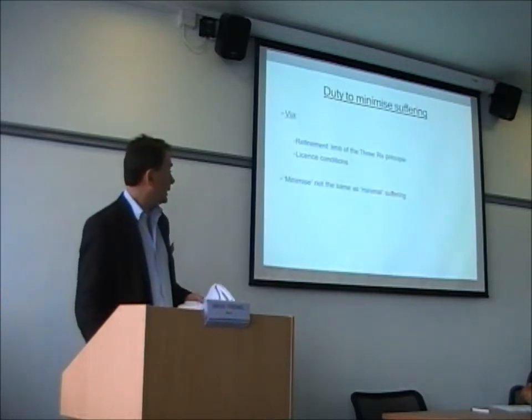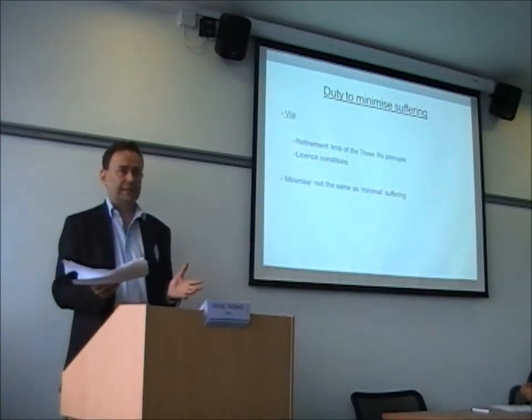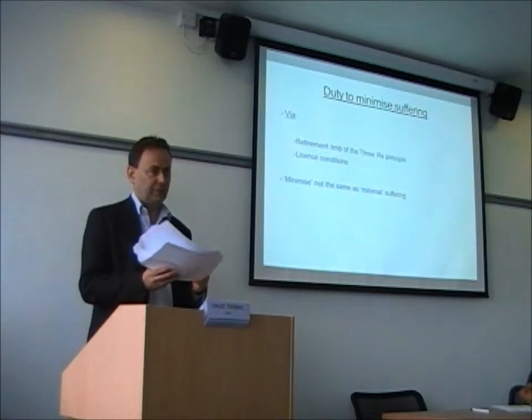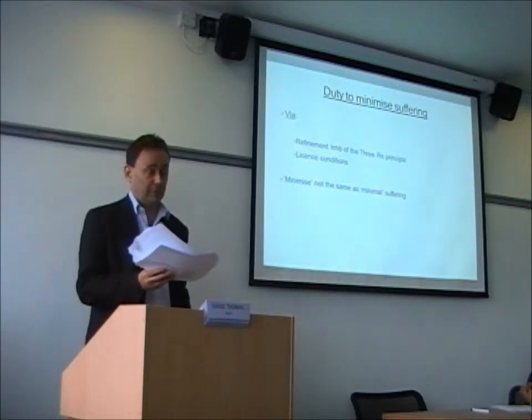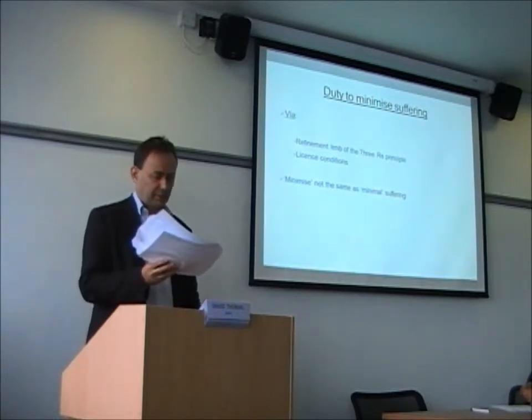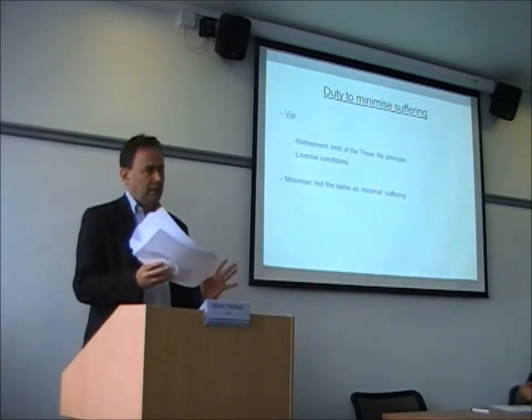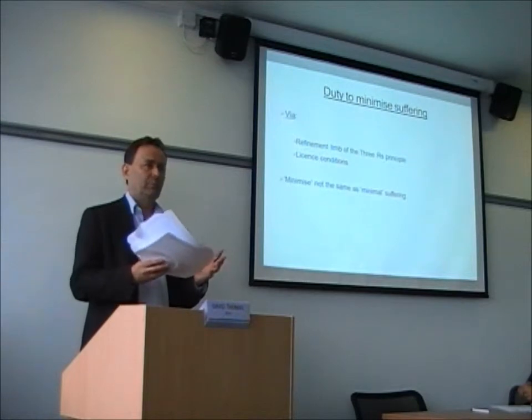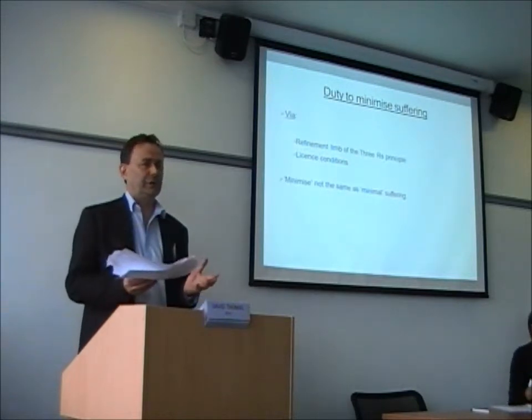A very important principle in the legislation is that whatever suffering is allowed, whatever you're allowed to do to an animal, you have a duty to minimise suffering. That's partly through the refinement limb of the 3 R's principle, partly through licence conditions. It's an obvious point, but minimise is not the same as minimal. When people say we have to minimise suffering, it sounds quite reassuring, doesn't it?